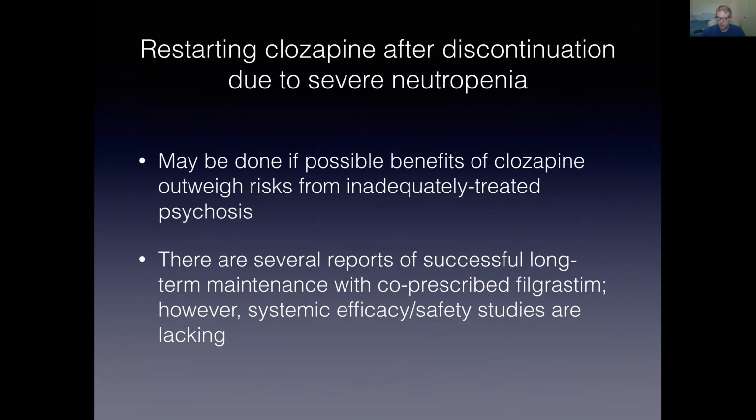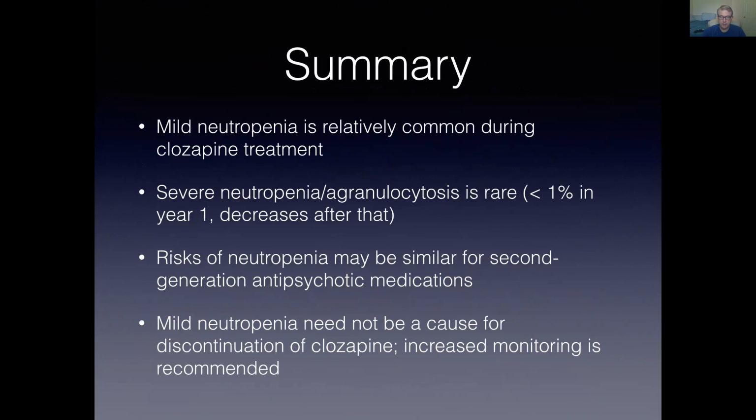The unfortunate thing is if a person then develops agranulocytosis, they will have shown some resistance to the colony stimulating factors. So it might be a much bigger problem to solve agranulocytosis in that scenario. But nonetheless, that is, to my knowledge, the best we have for trying to prevent outside of simply monitoring.